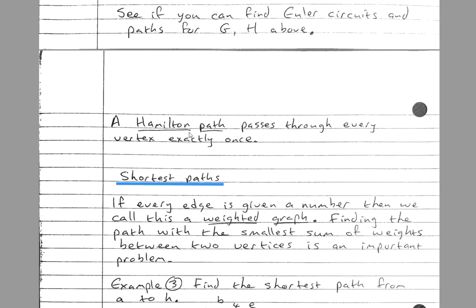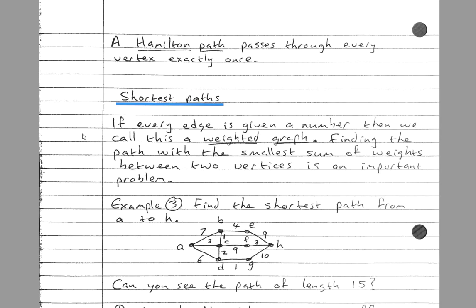We also briefly looked at Hamilton paths and circuits. Those, instead of crossing every edge once, pass through every vertex exactly once. And in the last sections, we looked at shortest paths.